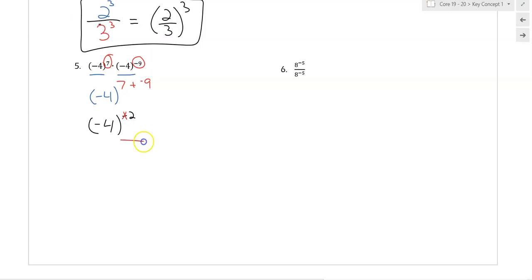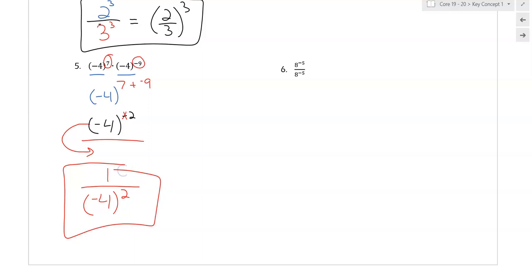This is negative, so I'm going to flip it over this imaginary fraction line. So now I have negative 4 to the 2. No numerator is bad, so we put that 1 over it. We got this negative 2, so it flips that fraction.